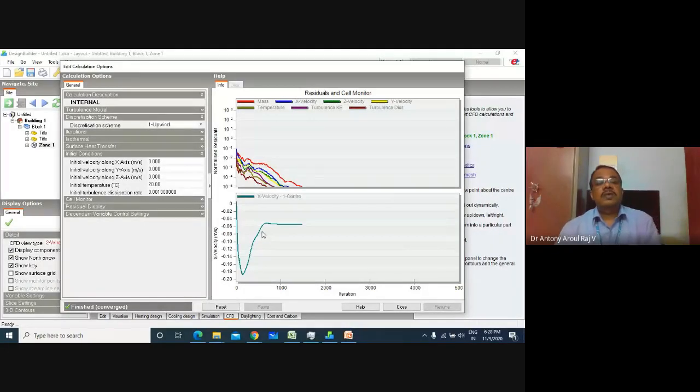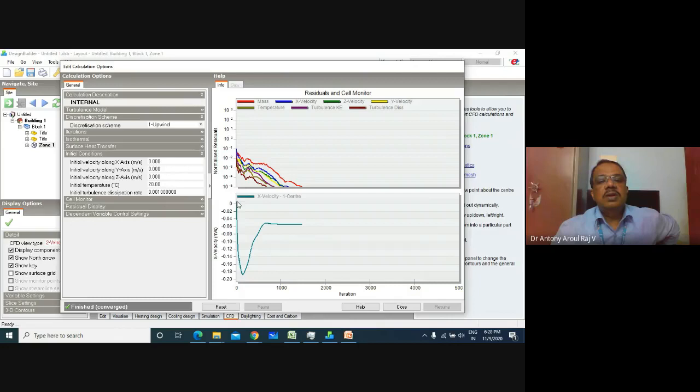But how can you monitor the solution? By monitoring a variable in the domain. What is our domain? Our domain is the room under consideration. For that room only we are doing this analysis. We consider one point inside the room, and when we start the iteration, the error is very high. Here you can see the x velocity starting from 0.